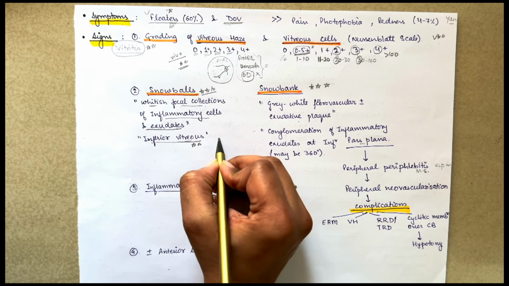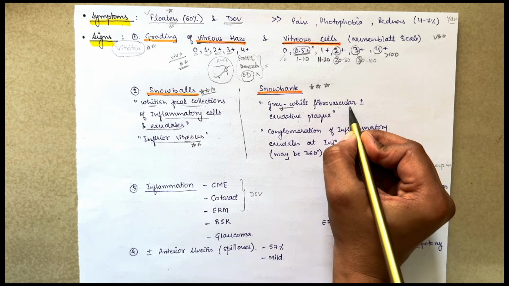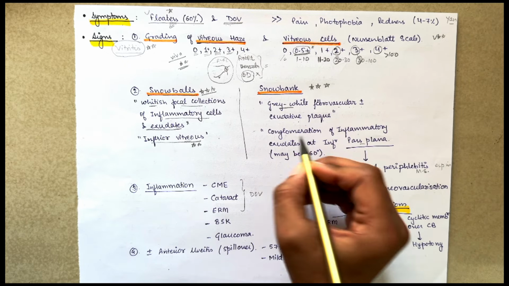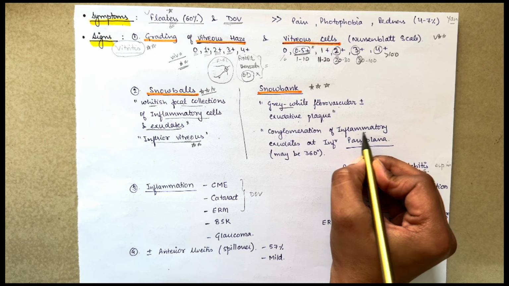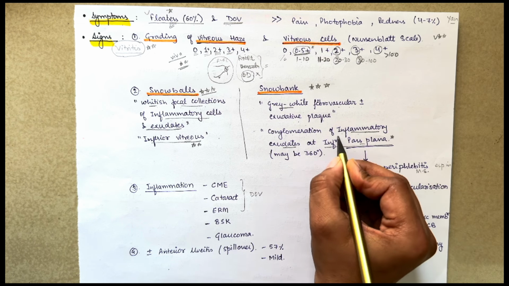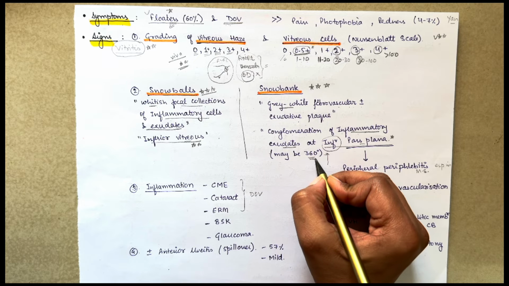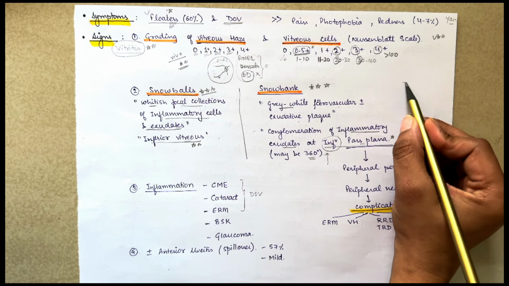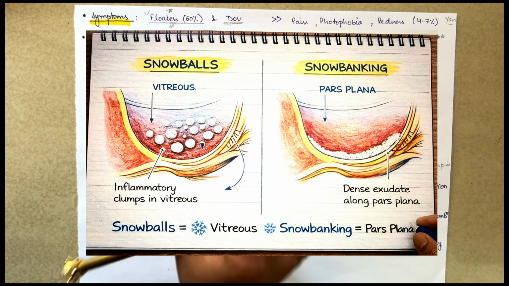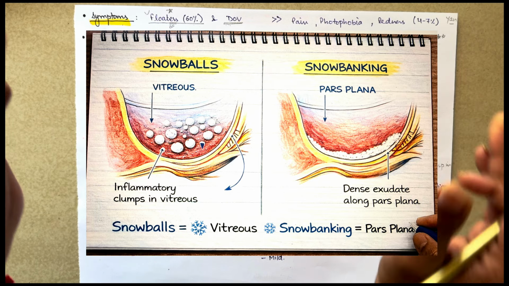Whereas snowbanking is a gray-white fibrovascular plus exudative plaque, a conglomeration of inflammatory exudate at the inferior pars plana, and it starts inferiorly and extends throughout 360 degrees. This part is very important, so revise it again and again so that you do not get confused. Snowballs are in the inferior vitreous, snowbanking is on the pars plana, right?